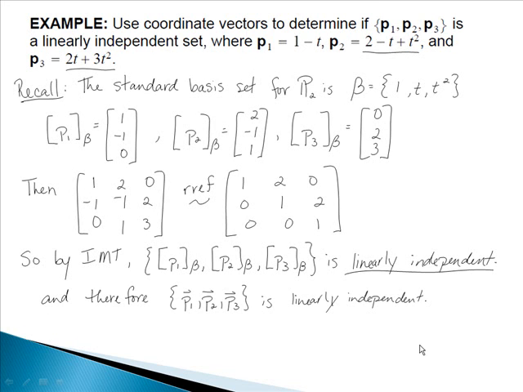So we were able to show linear independence using the invertible matrix theorem in R3, and by doing that we showed that these vectors in P2 are linearly independent. So this fact that they're isomorphic lends itself really nicely to that.